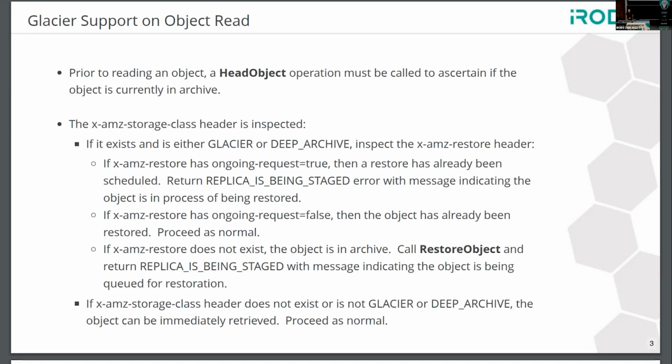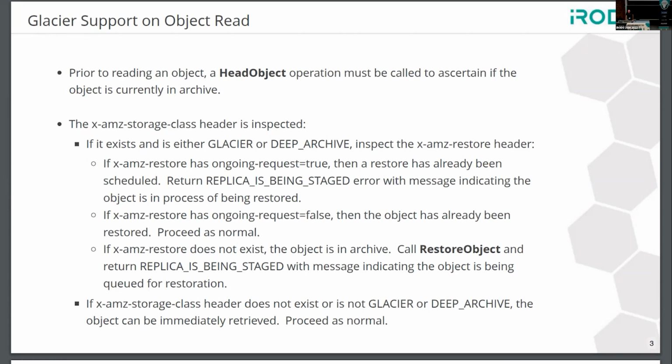If the XAMZ restore has ongoing request equal false, then the object has already been restored. So we just proceed as normal. The user can immediately get the file, so we will return the bytes to the user.